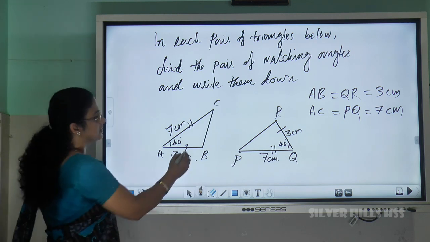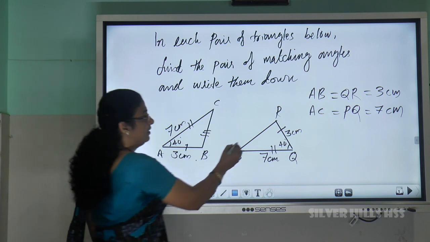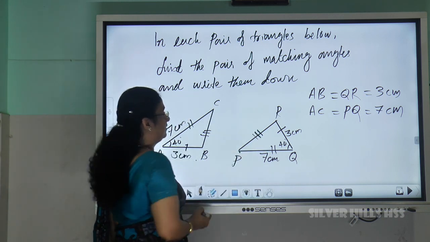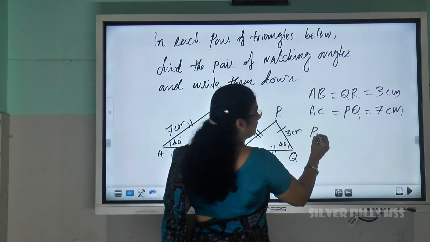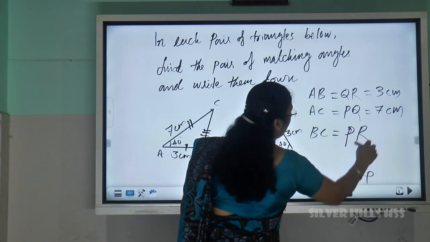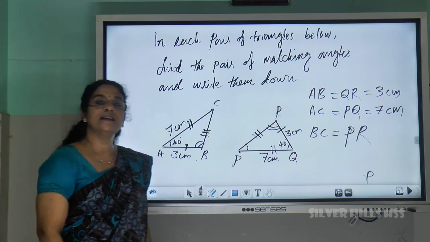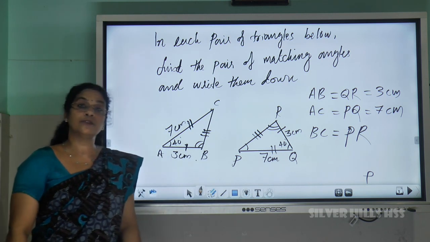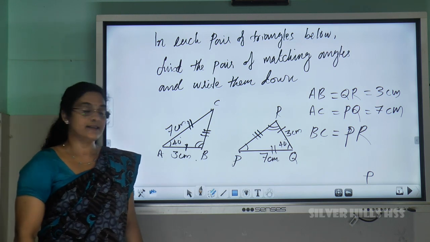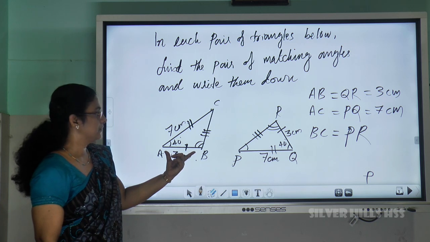And what about the third side? The third side also will become equal. This is the third side, BC. BC is equal to PR. Next we can check the angles opposite to equal sides. First we consider the side AB.